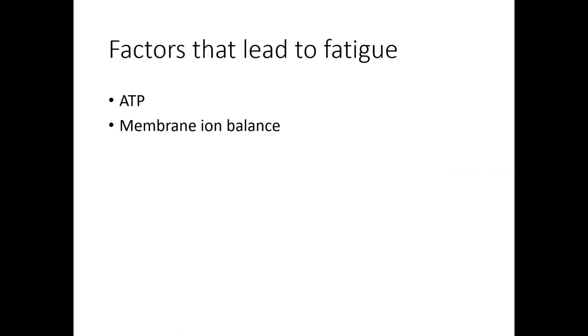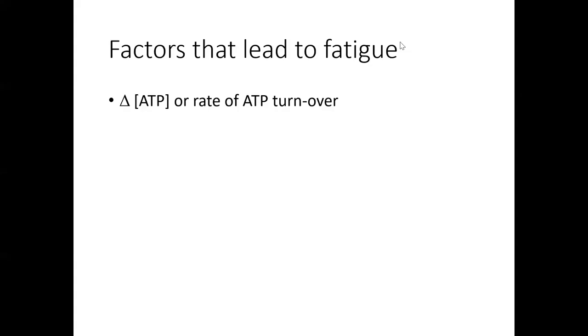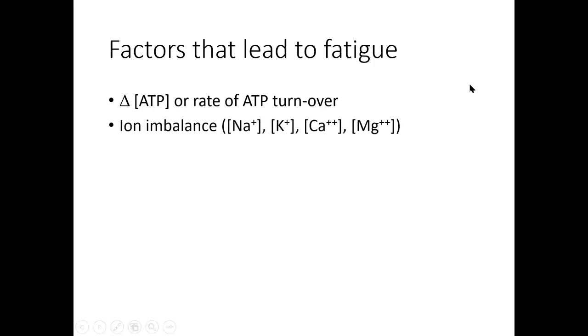So what are some of the factors that are going to come into play here? Well, we have ATP issues, we have membrane ion balance issues. Those issues combined with other factors are going to come into play, leading to a loss of the ability to contract. So the reduced rate of ATP is going to reduce the ability to have any type of muscle contraction taking place, because we're going to lose the ability to have the power stroke taking place.